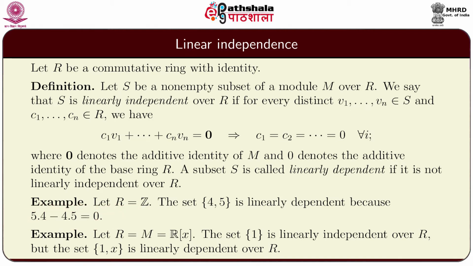Now look at the ring R, which is the collection of all polynomials over the real field, and that is the module M as well. Here the singleton set 1 is linearly independent over the base ring R, but the set containing 1 and x is linearly dependent over the base ring R.